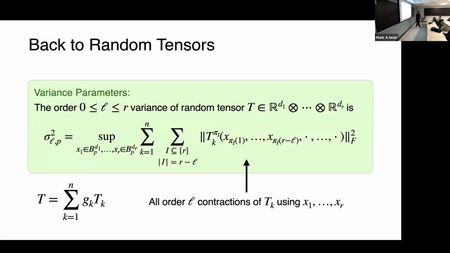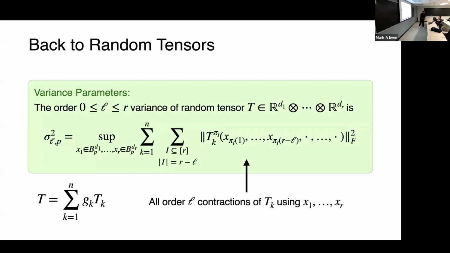Yeah, you can write the random tensor T as a sum of TK, but with the same distribution with different TK. So it only depends on the distribution of T, or it doesn't depend on the specific choice of TK? You have different TK with the same distribution. Yeah, this quantity could end up being the same. I'm not sure I understand.